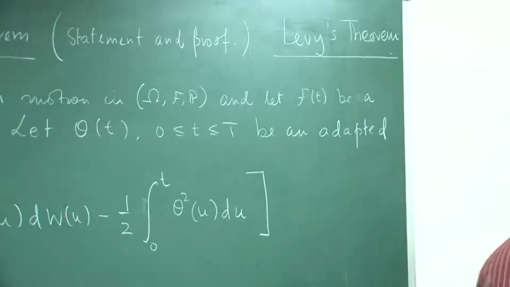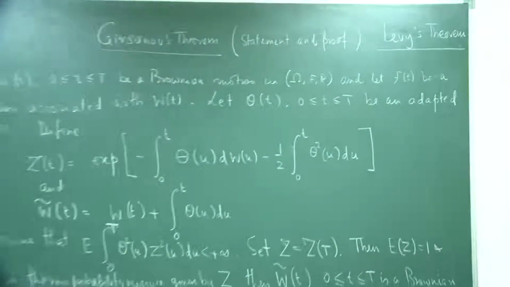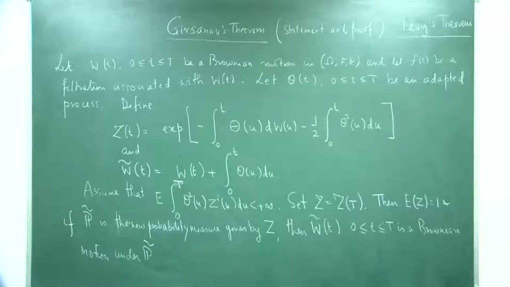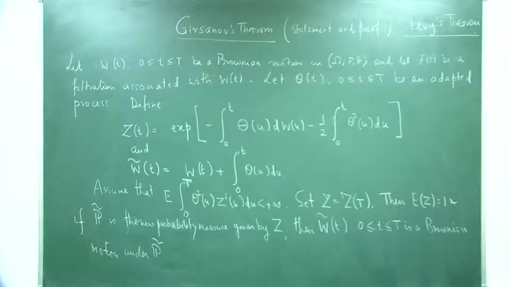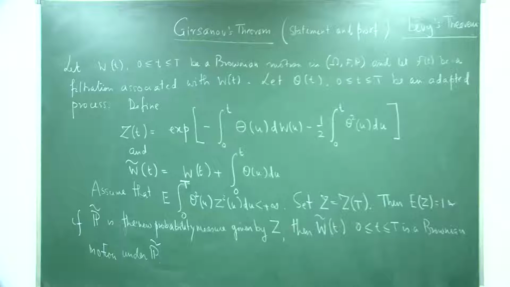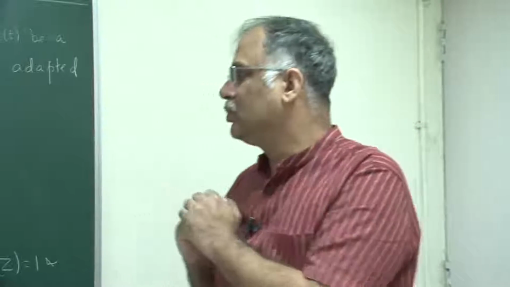Of course, you have to say that the stochastic process must have continuous paths, because Brownian motions must have continuous paths.